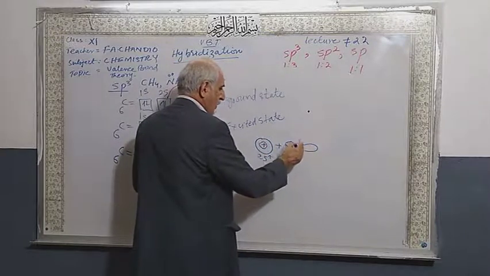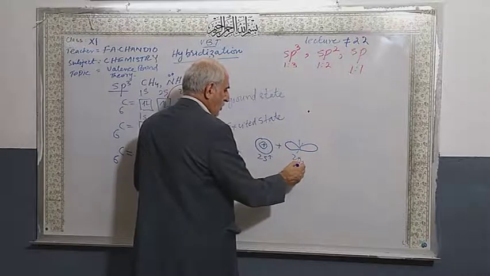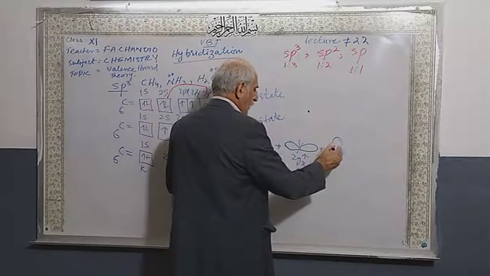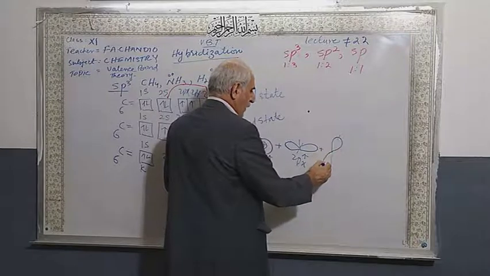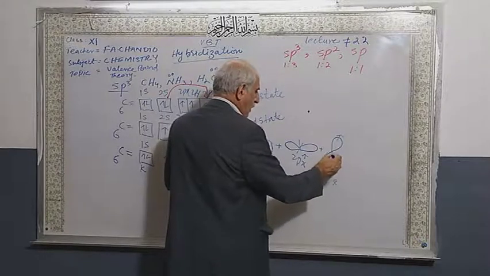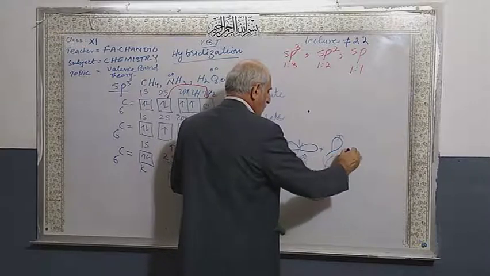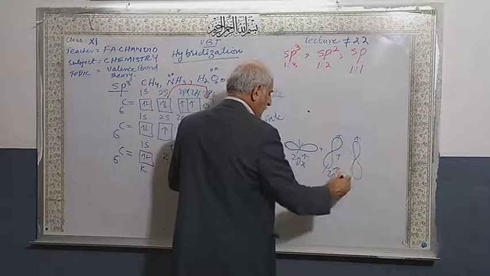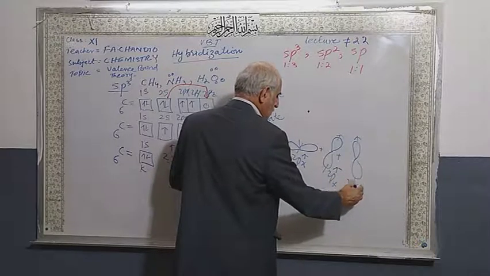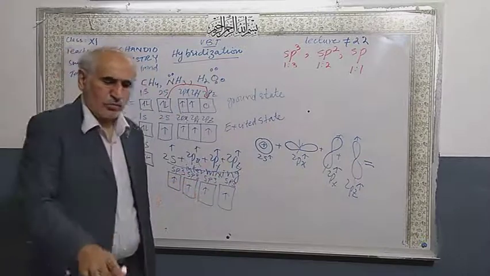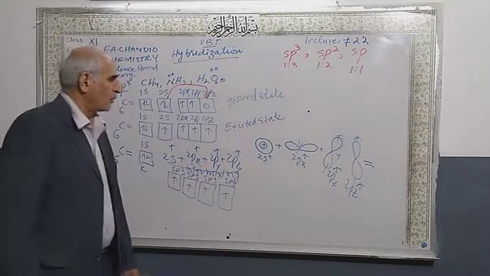plus 2px, this is the shape of 2px, plus 2py, this is the shape of 2py, and 2pz, this is the shape of 2pz. So they are going to intermix.